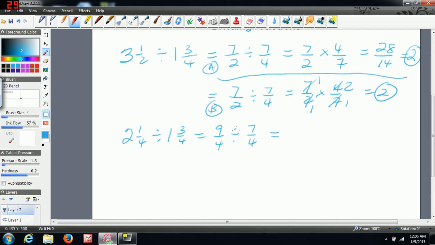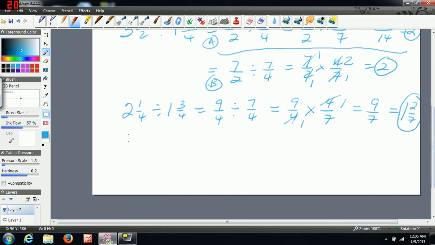Then at this point I would keep the first fraction the same, change my function to multiplication, and flip the second fraction. Once I do that, at this point I could go ahead and solve using method B. So I'd go ahead and cancel out the 4's, and I get 9/7, and then 7 goes into 9 once, and I'm left with 2/7. Okay, so that would be the final answer there.